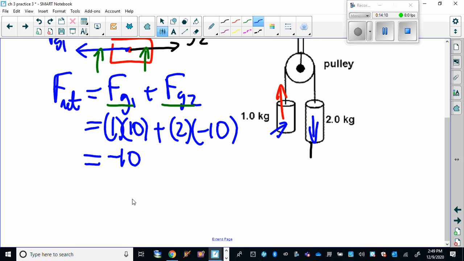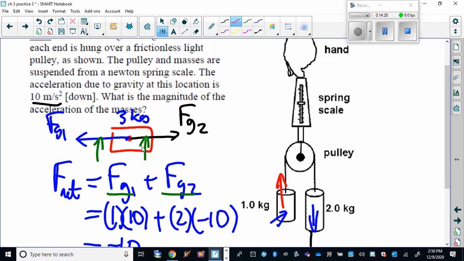Once you've got the net force, the acceleration is going to be the net force divided by the mass. Negative 10, again, the negative is not necessary as long as you can identify which way each mass is accelerating.